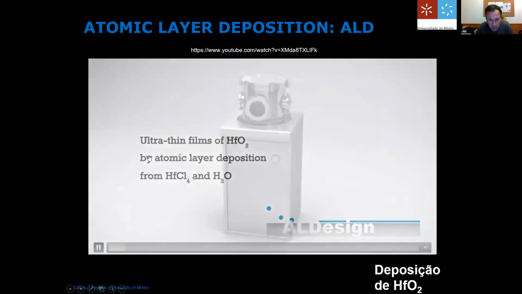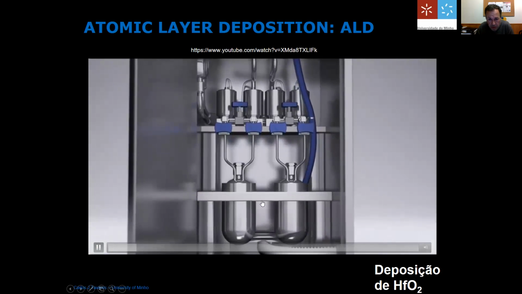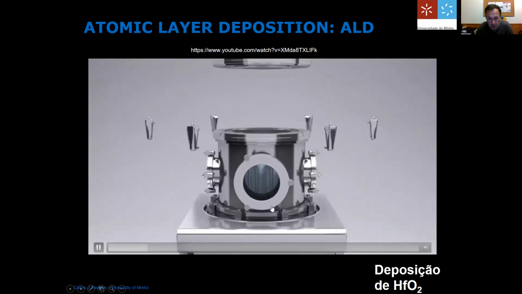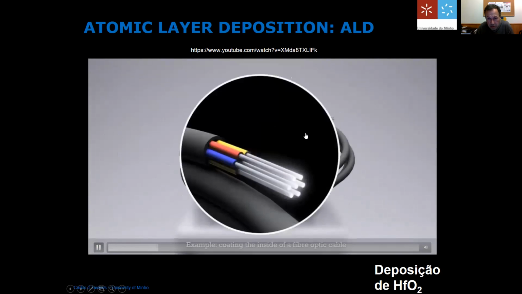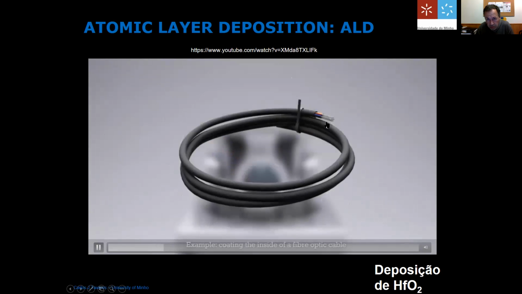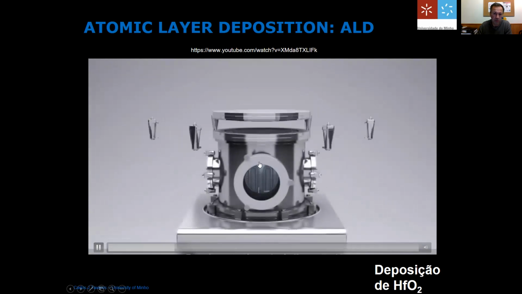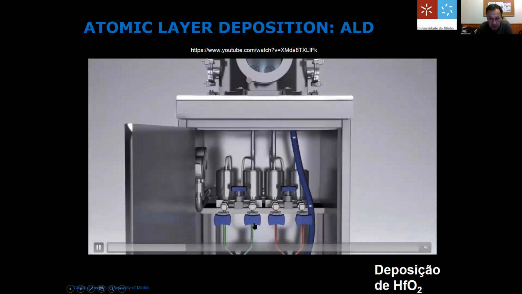So you do this also by atomic layer deposition. Here is where you have your reactants, and here your chamber. In this particular case, we're going to make a coating of an optical fiber, for example, for the transmission of multimedia or transmission of light. And so here are your reactants.